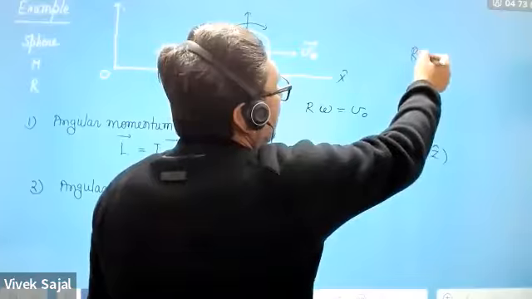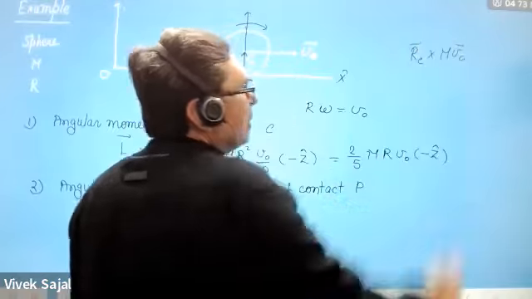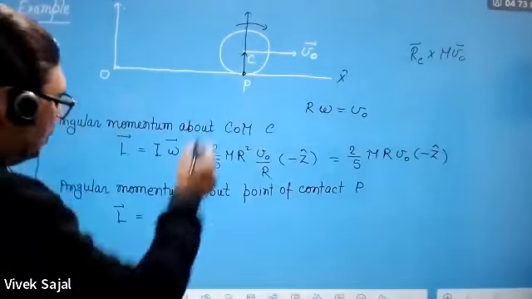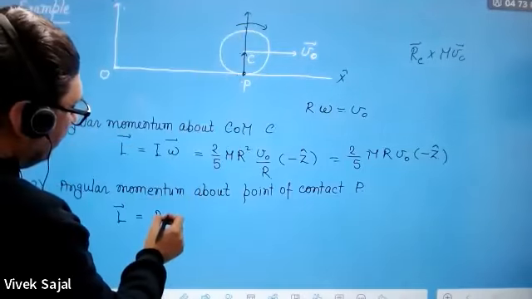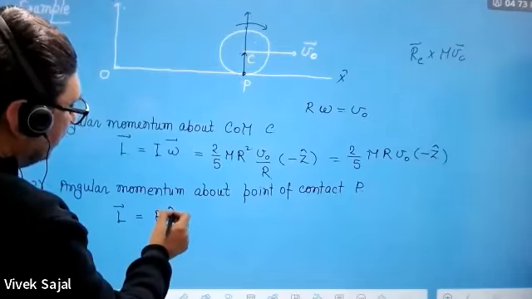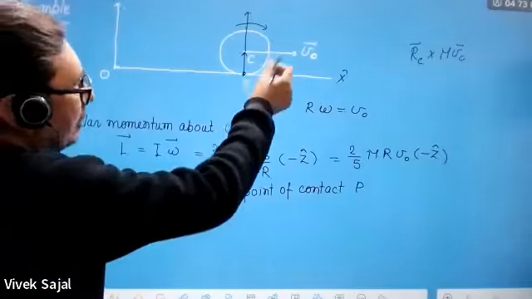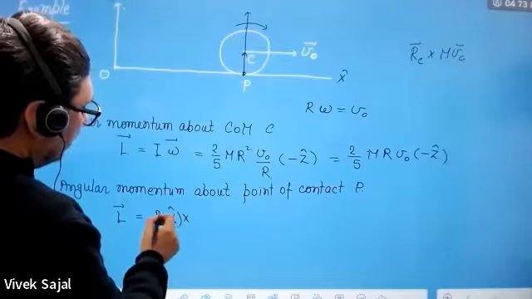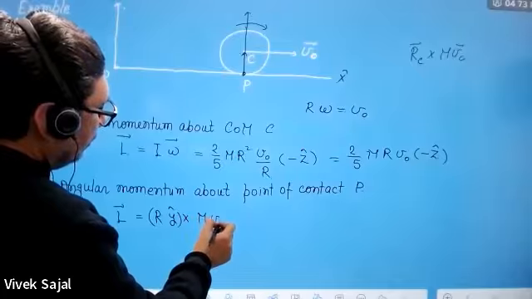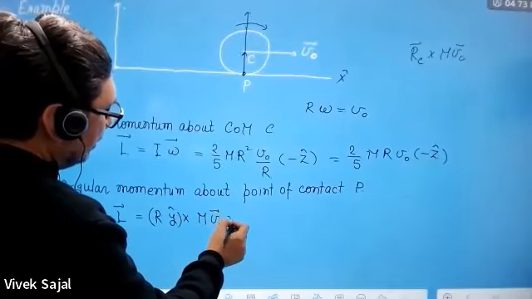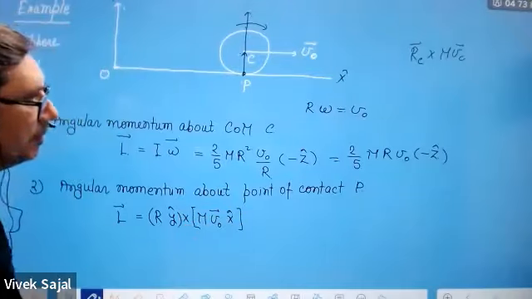The first term is RC cross M VC. So the position vector is this one, so I write it as R, in the y cap direction. And this will be a cross product with M V naught, and V naught is in the x cap direction. So this will be the first term of the angular momentum.